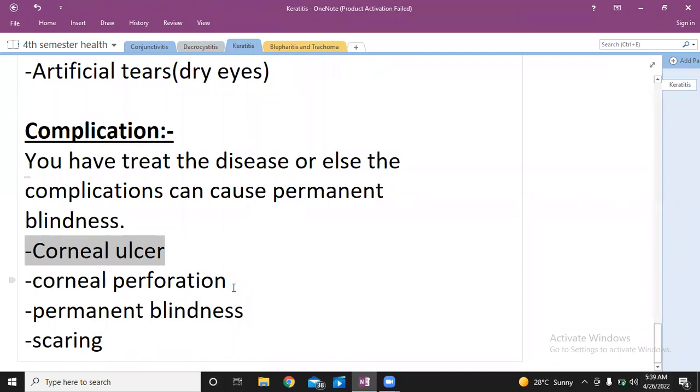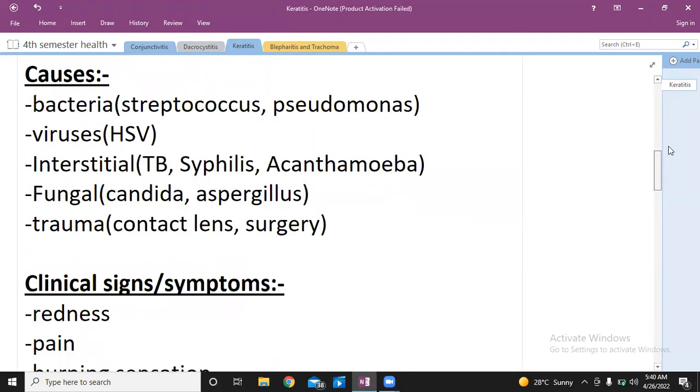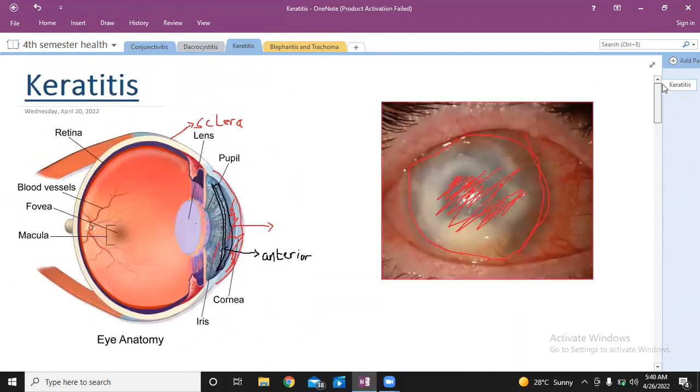Be very afraid of corneal perforation and permanent blindness. And be very afraid of scarring of the cornea. This can lead to bad aesthetics. So this was today's topic. Hope you have understood the topic.